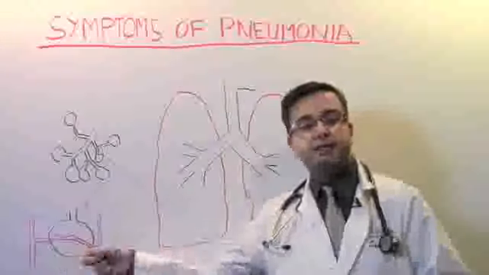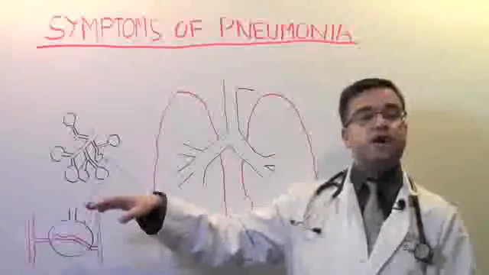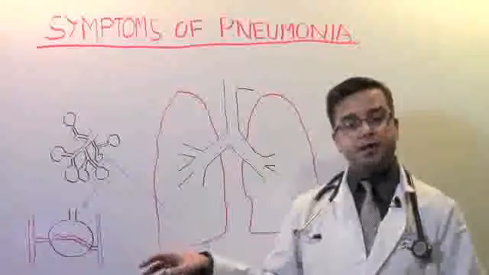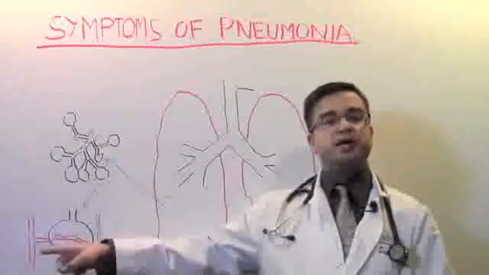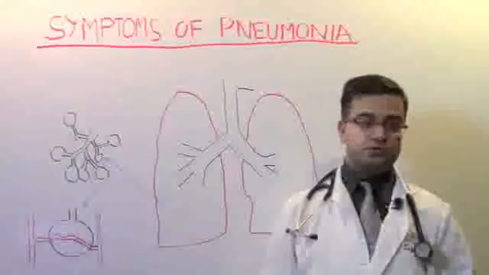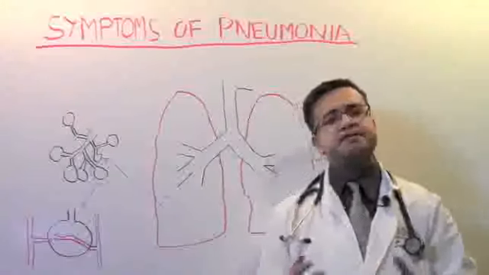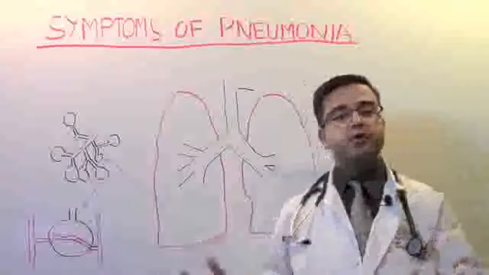The swelling can cause difficulty breathing. The fluid in these bubbles can prevent blood vessels from being able to pick up oxygen from the bubble. This can cause low levels of oxygen in the blood. These bugs can also produce toxins that can travel into the blood and cause fevers, chills, weakness, and sometimes confusion.